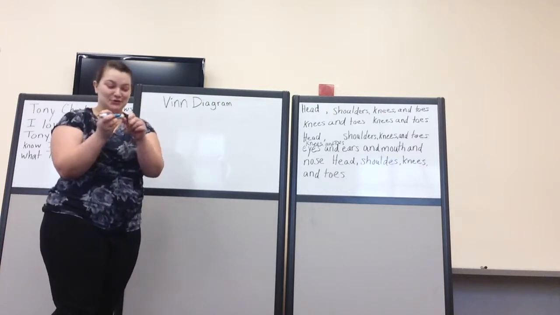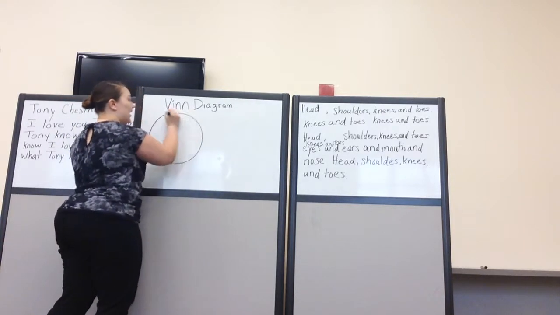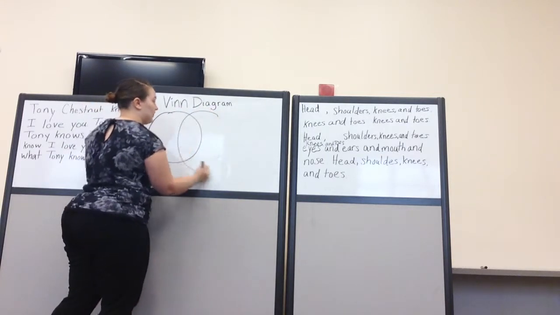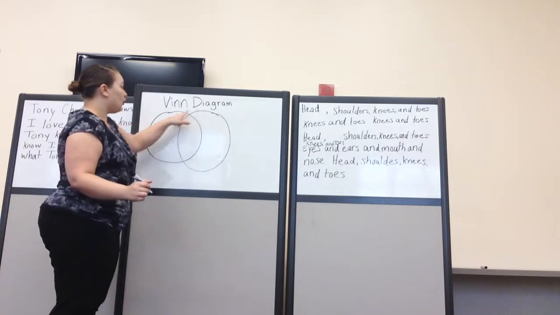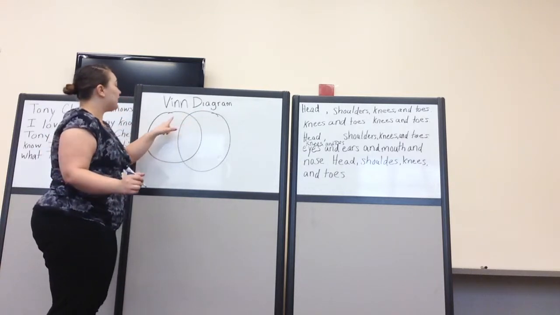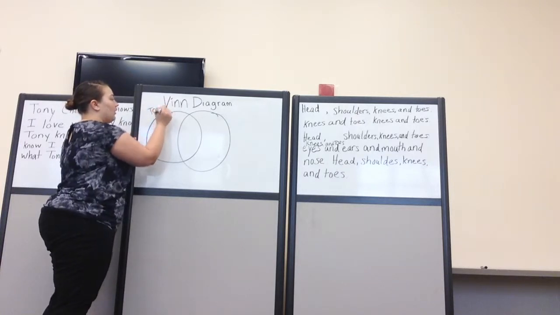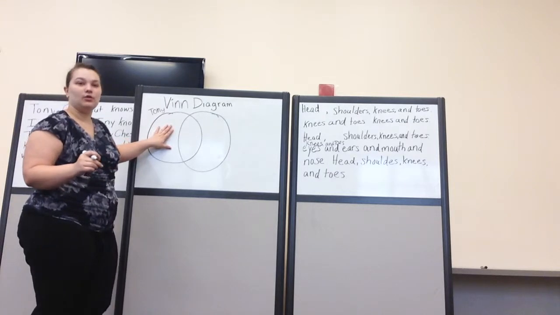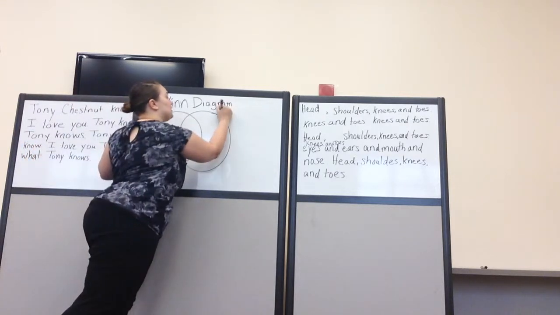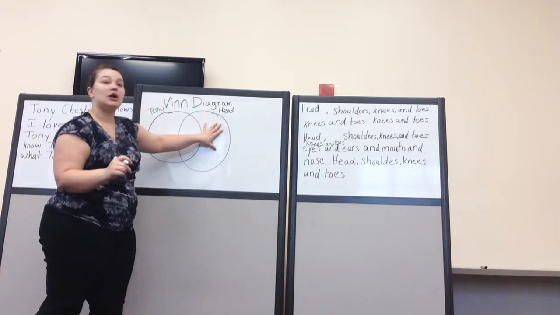That's right, it has two circles. It's a way to compare and contrast two different things. And we have the two circles, and then we overlap it a little. The things that are only characteristics of Tony Chestnut are going to go in this circle. And things that only Head, Shoulders, Knees, and Toes has are going to go on this one.